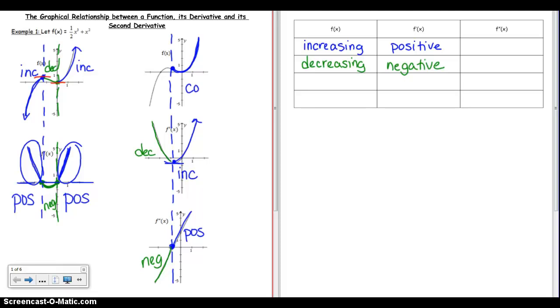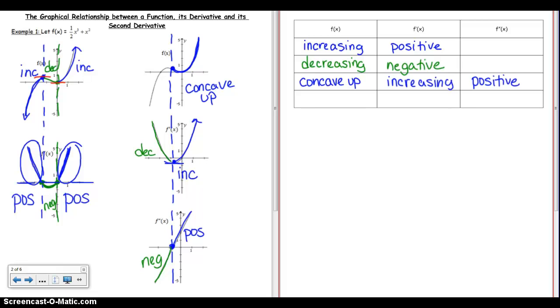That just means it's a nice U shape. It's facing up. And so the function is going to be concave up when the first derivative is increasing and the second derivative is positive. So let's fill that into our chart. Concave up function means increasing first derivative, which means positive second derivative.